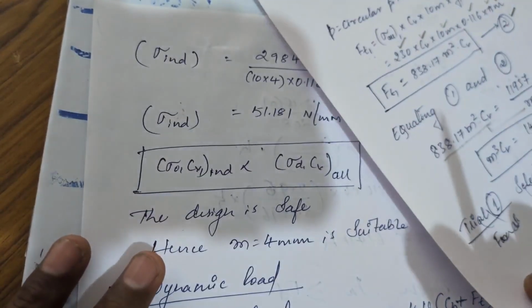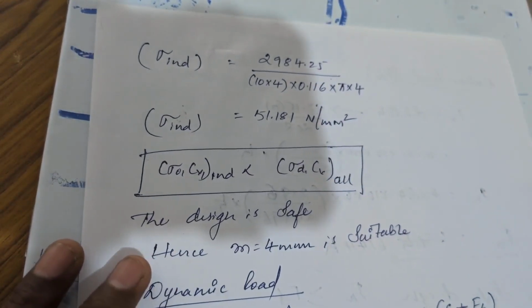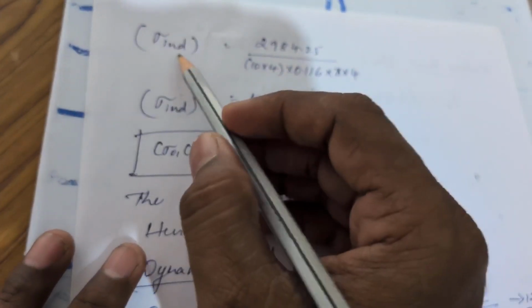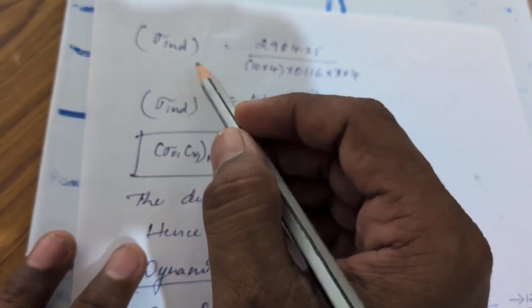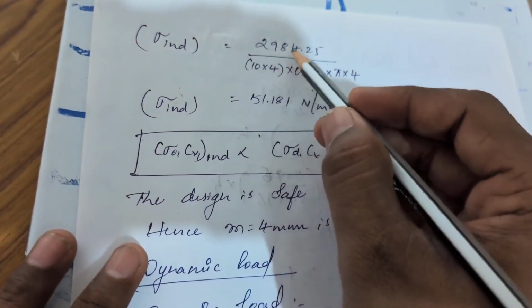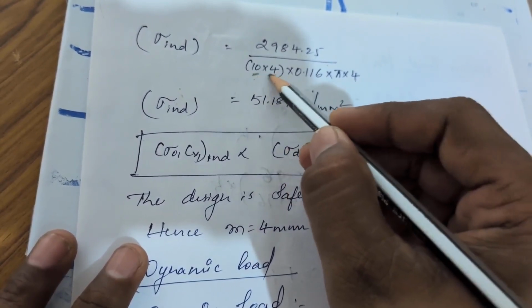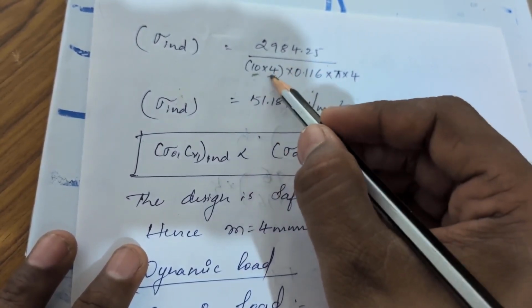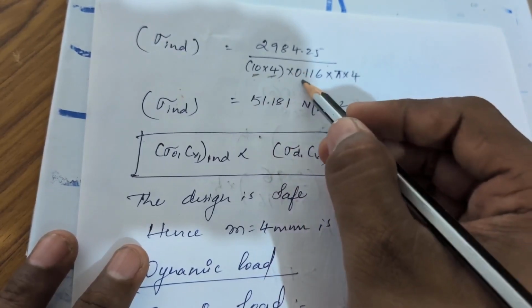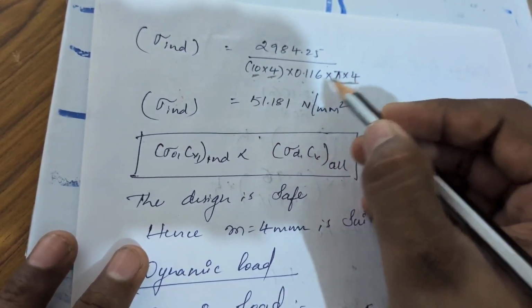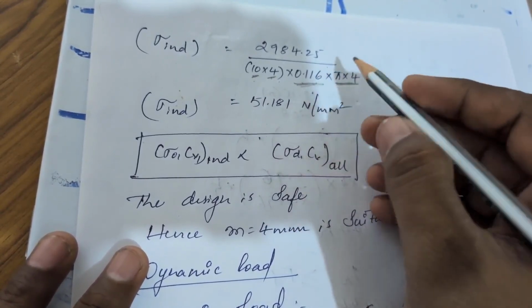Once you got the FT1 value, the next step is to calculate the induced stress. Induced stress is 2984.5, which is FT, divided by 10 into 4, which is your face width, and this is circular pitch, and this is the form factor.